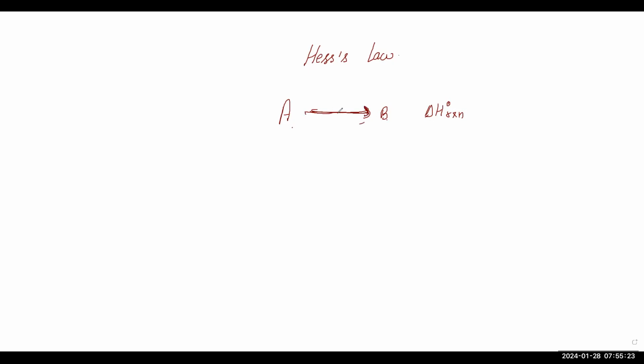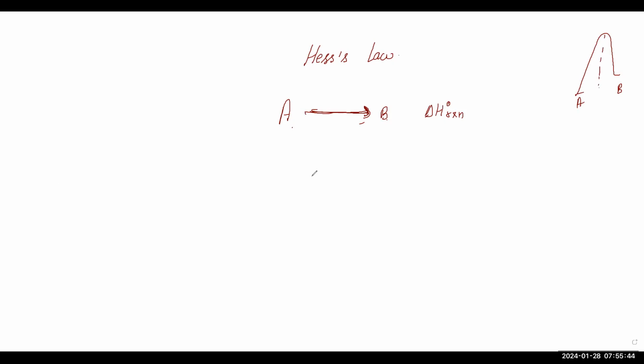Means one step. If I ask you to write down the energy profile for this step, it has only one transition state, right? This is A, this is B. It has only one transition state. This indicates only one step.